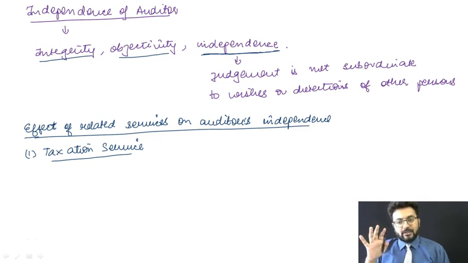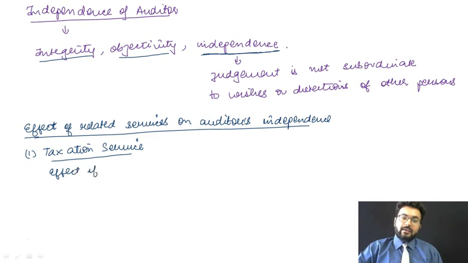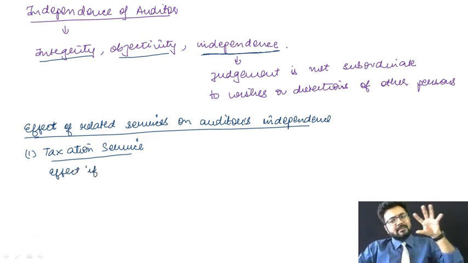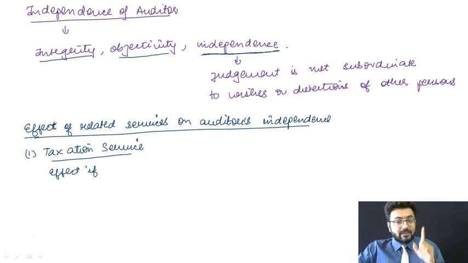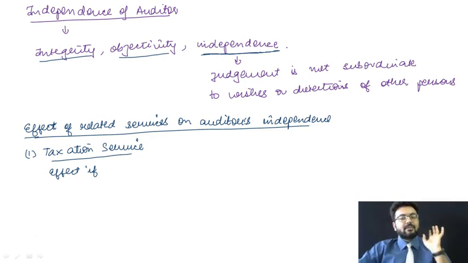How can this affect independence? If that person is doing the tax computation for the company, that is good. If he is doing the tax computation for the individual directors as well, this is the area of conflict.